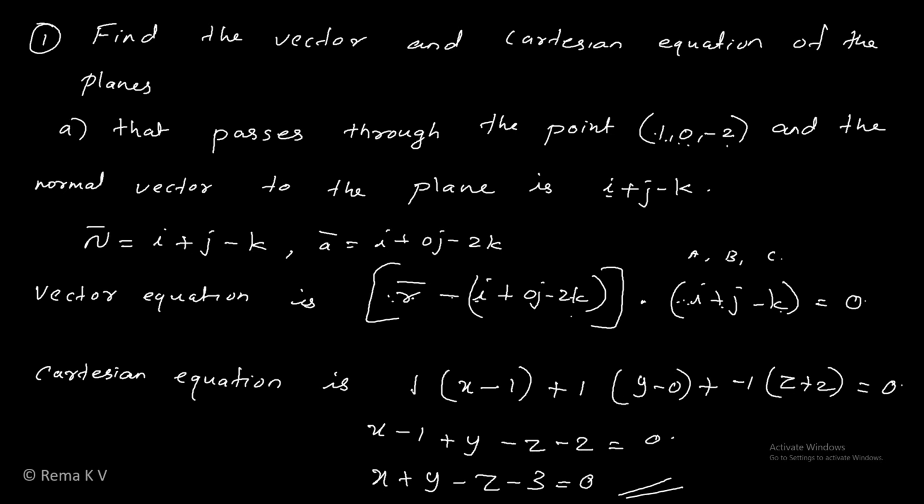Is it clear? The scalar components of the normal vector are to be taken as a, b and c. It is the direction ratio of the plane.